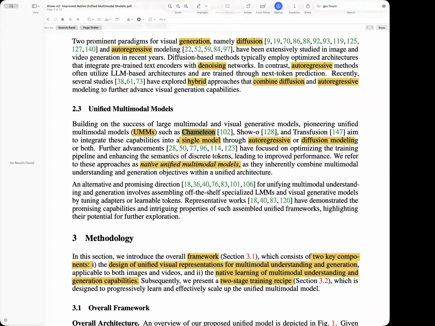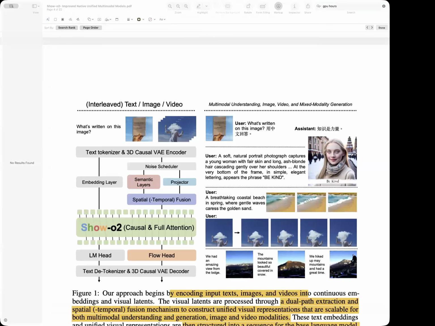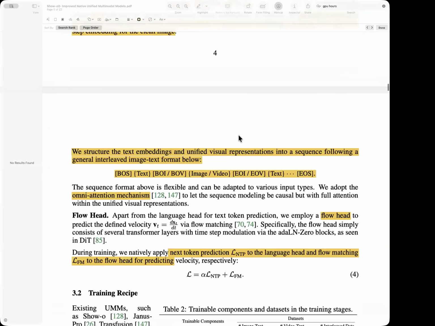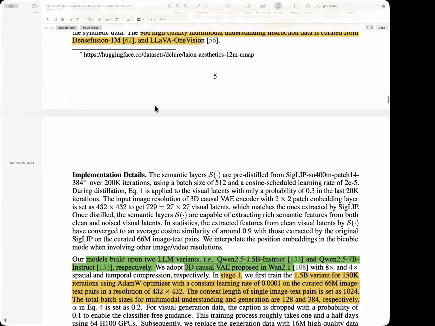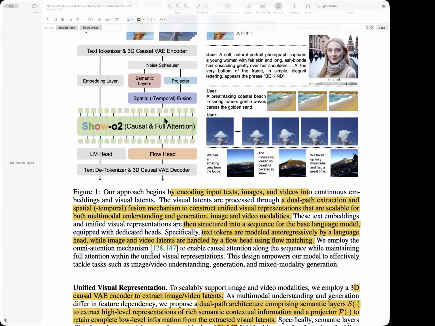Are the outputs from both streams of embeddings pre-attention just concatenated? There's some concatenation that they do. Let's see. This STF stage, spatial temporal fusion, concatenates these two, and then it also aligns this stuff.